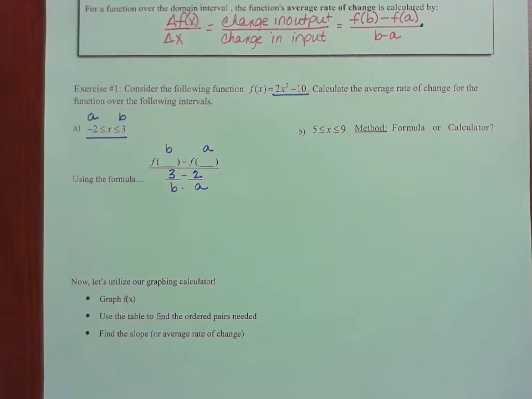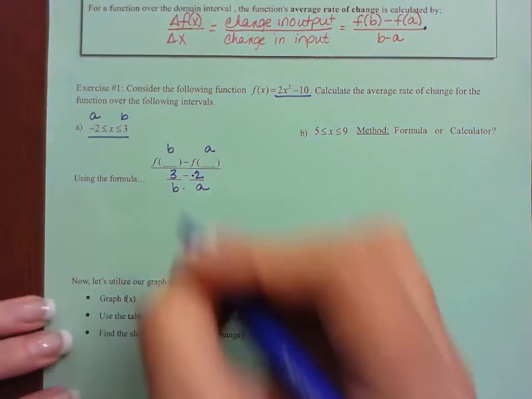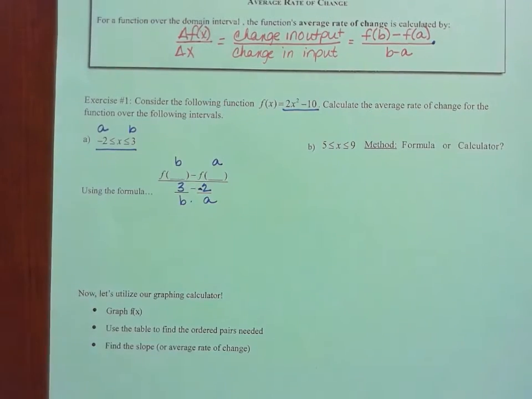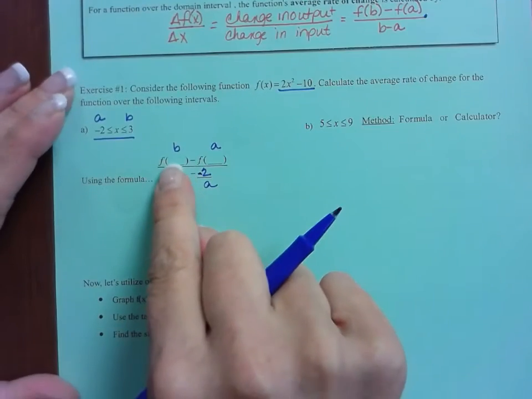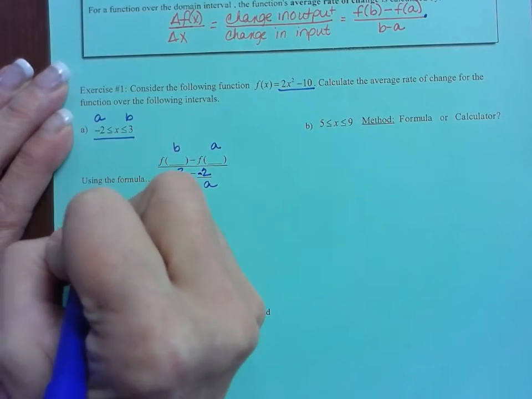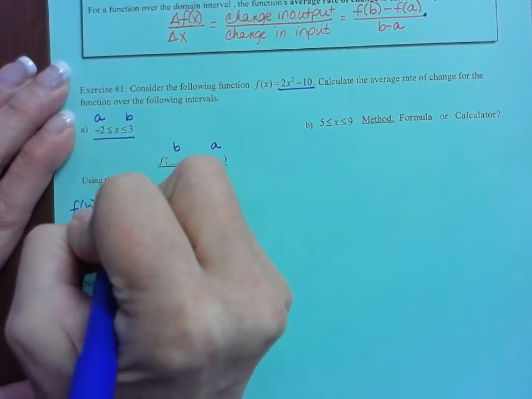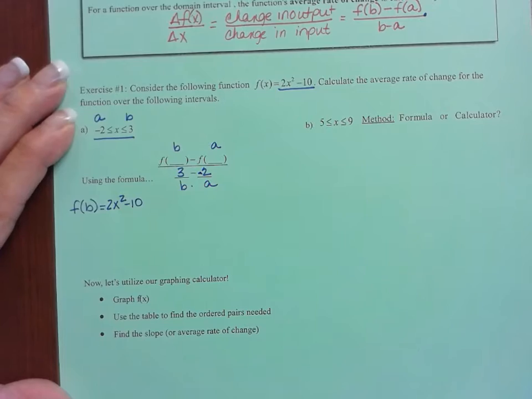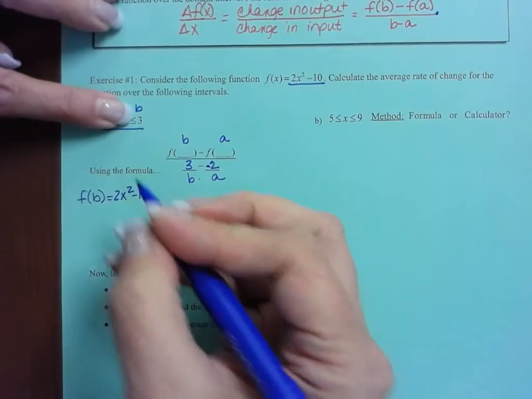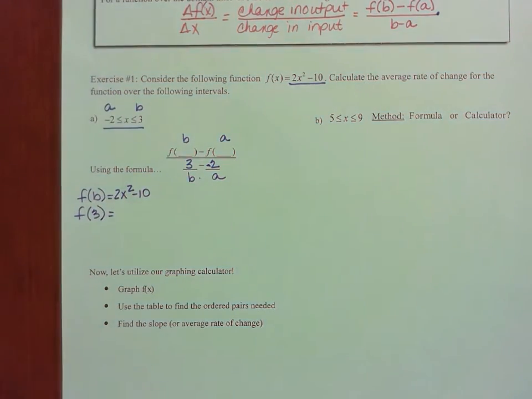Yes? Oh yeah, -2. We'll get to that part in a minute. Now, what is the f of b? Well, my function is 2x squared minus 10, and b is 3. That's like finding the f of 3.